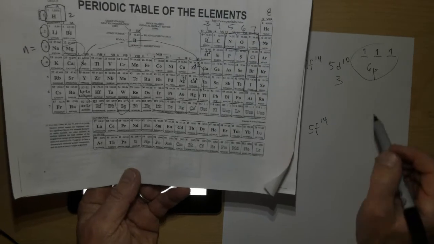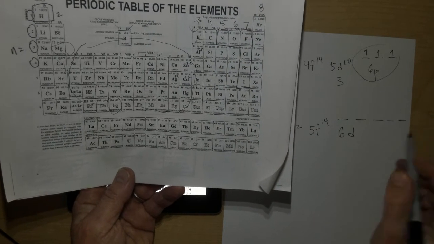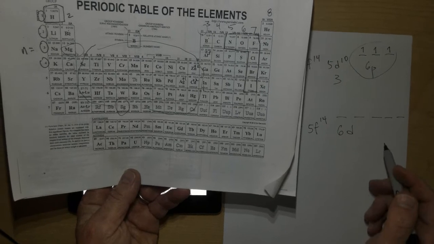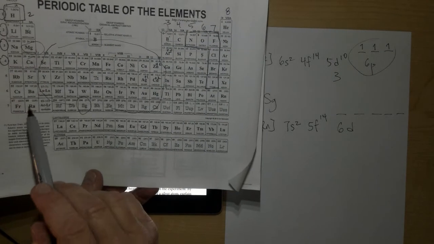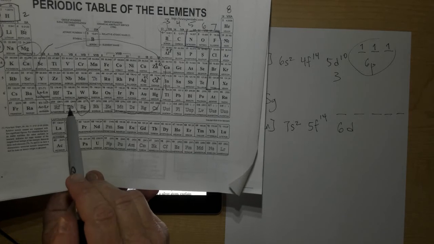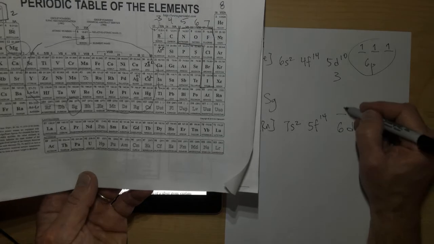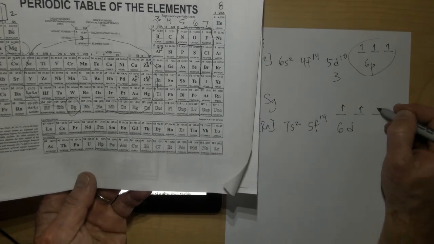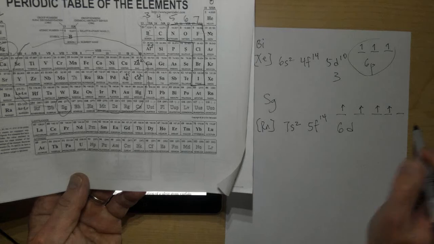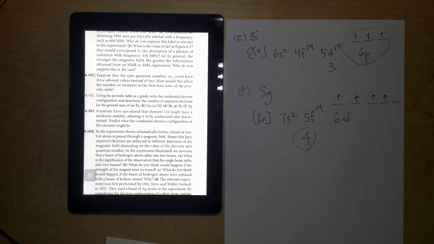And then we'd have the 6d's. And remember, d's have 5 orbitals. 1, 2, 3, 4, 5. And we'd be 1, 2, 3, 4 electrons into that. So 4 electrons would fill in here. 1, 2, 3, 4. So we'd have 4 unpaired electrons in this element.